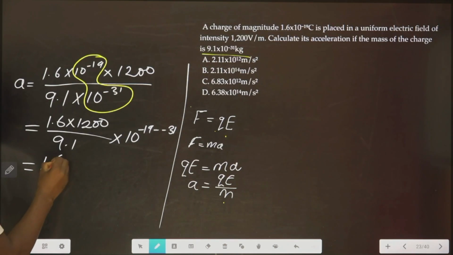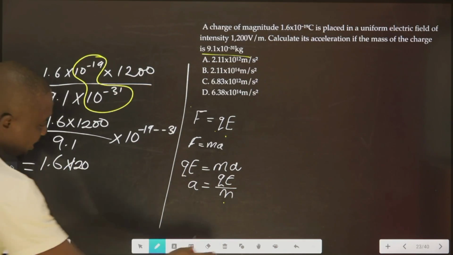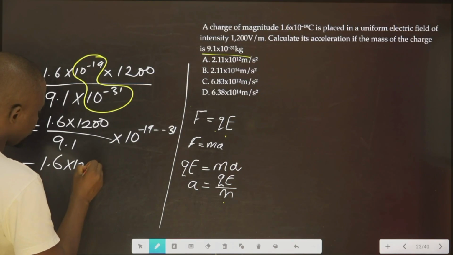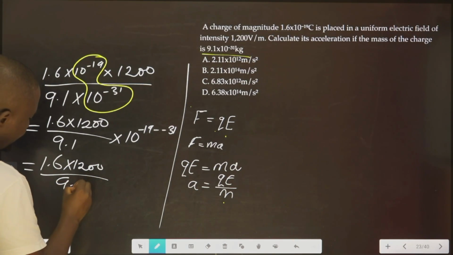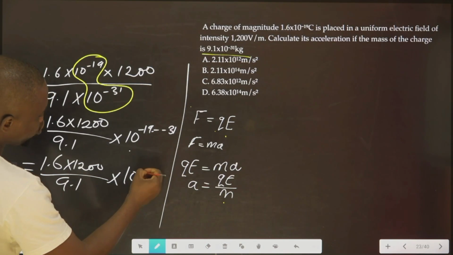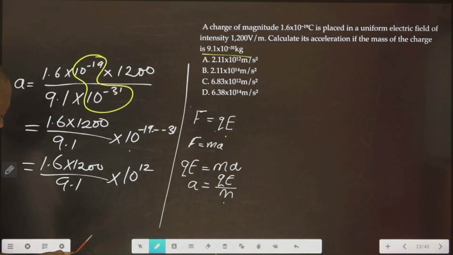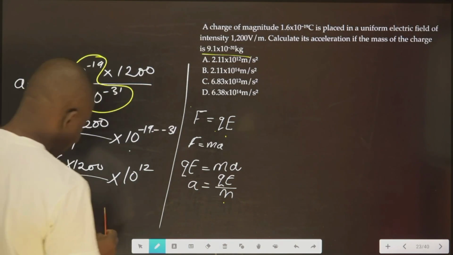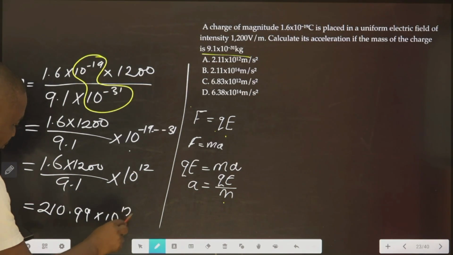This will give us 10 raised to the power, this is plus now, minus minus, you're going to get 12. Using a calculator, let's get this other one. That is 1.6 multiplied by 1,200 divided by 9.1. We get 210.99 times 10 raised to power 12.